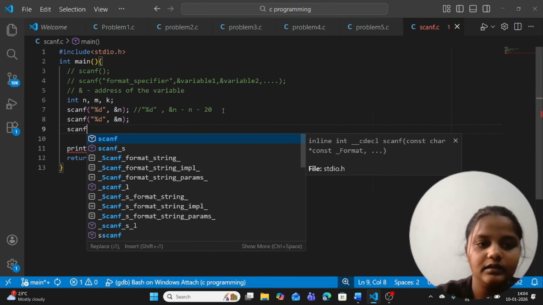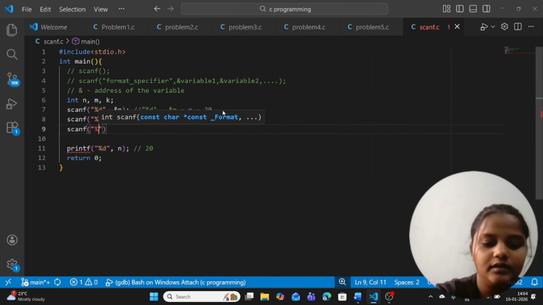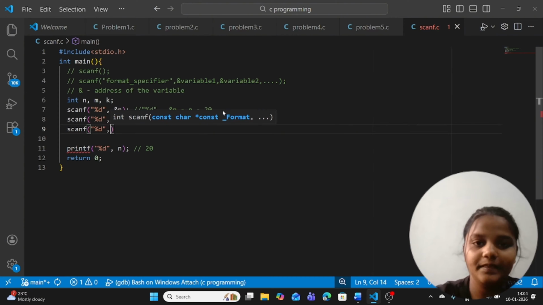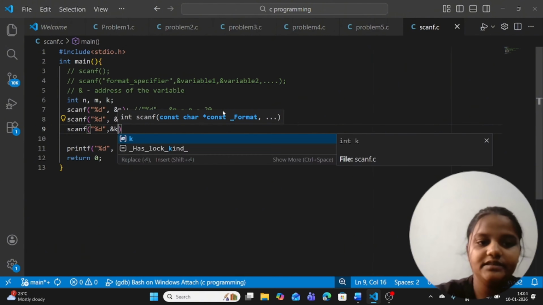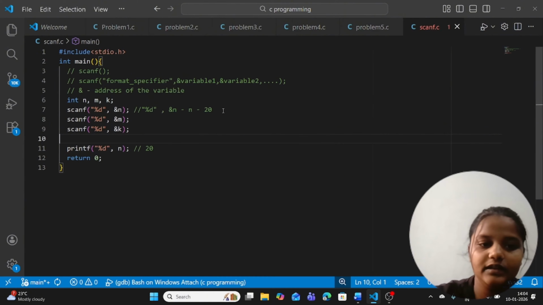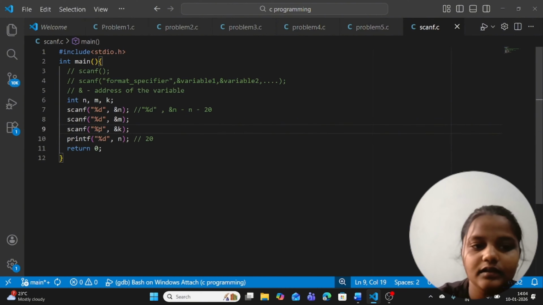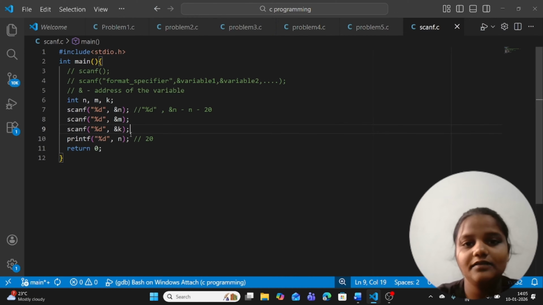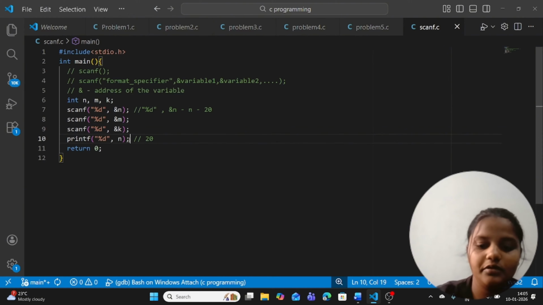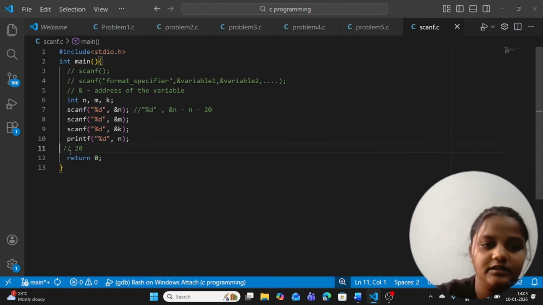Then scanf %d, then which variable? Ampersand k. So now we are getting 3 variable inputs.